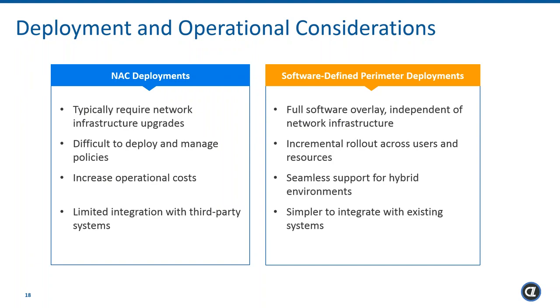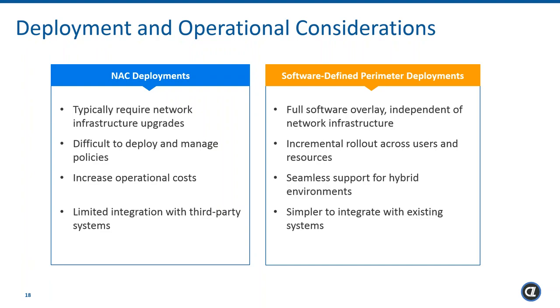We compare that to the software-defined perimeter, which is a complete software overlay. It sits above the network infrastructure, and it works with effectively any network topology. And because it's based on users, it's very easy to roll out incrementally. We have some customers with very large user populations who start with a focused area of 100 or 200 users and a small set of resources, for example.